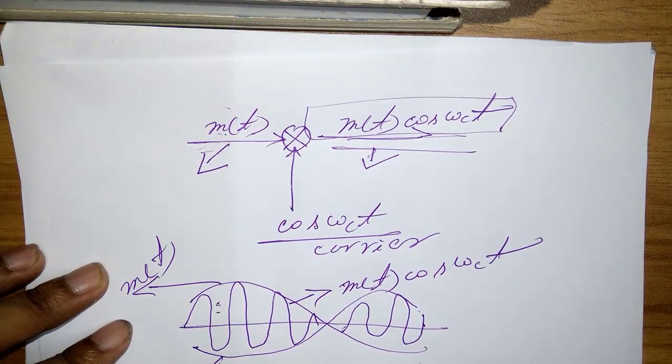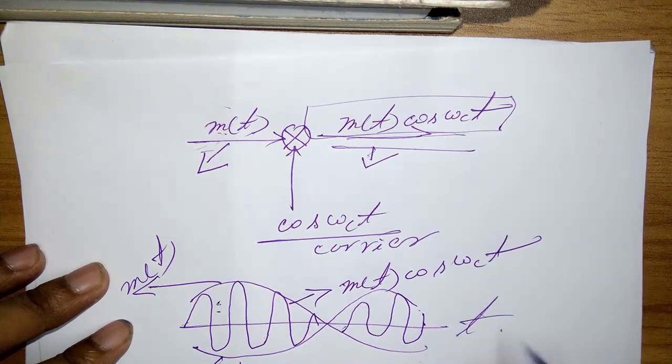Here is minus m of t on its negative side, and that's the time domain.